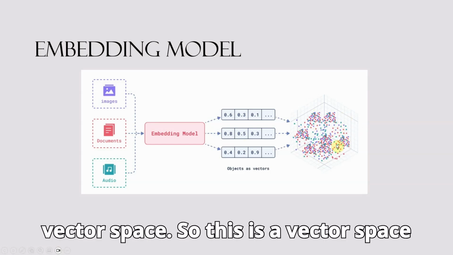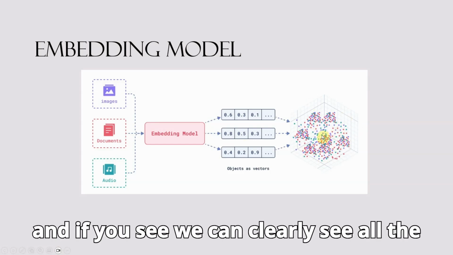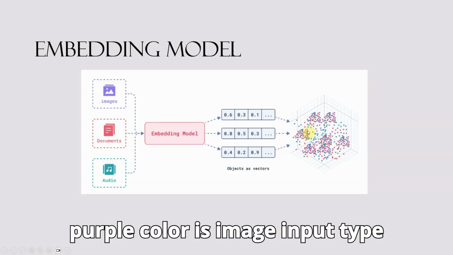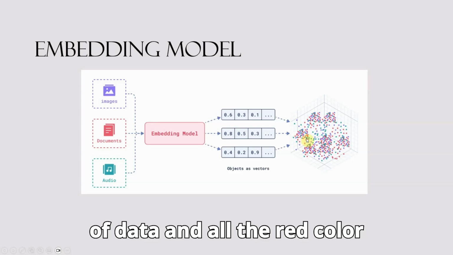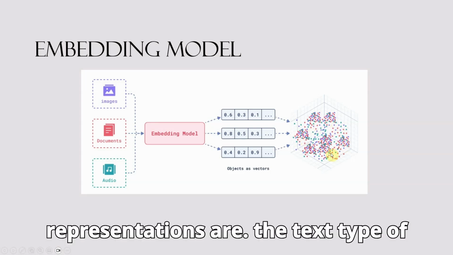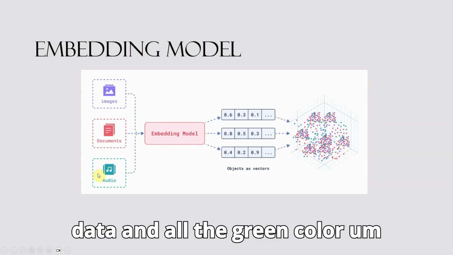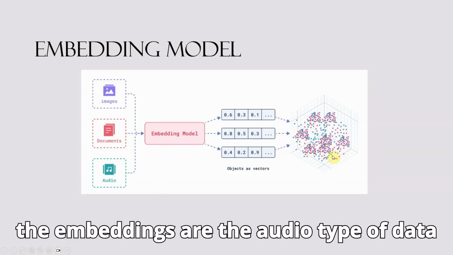So this is a vector space, and we can clearly see all the purple color is image type of data, all the red representations are text type of data, and all the green embeddings are audio type of data.